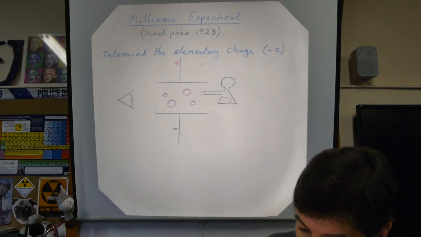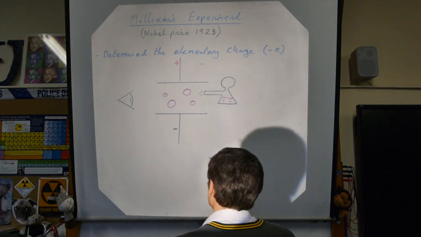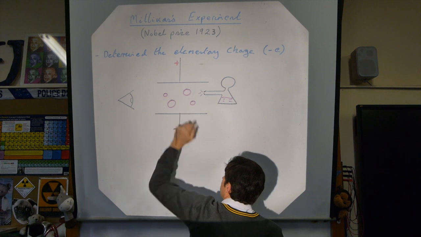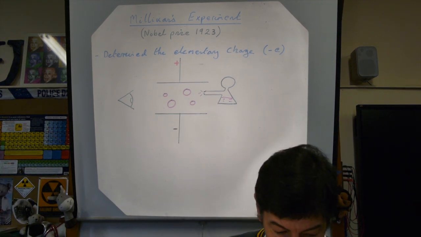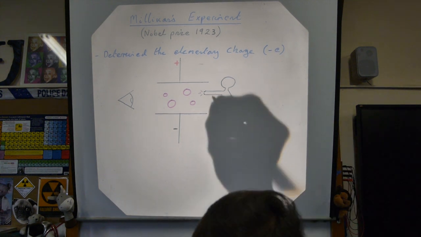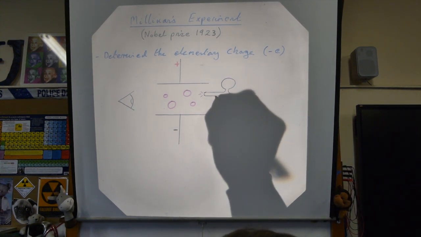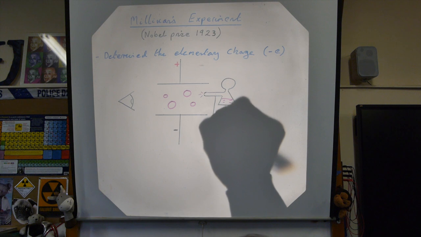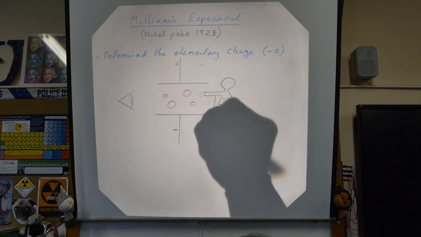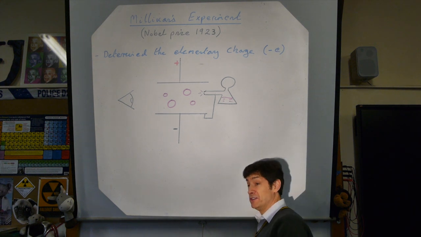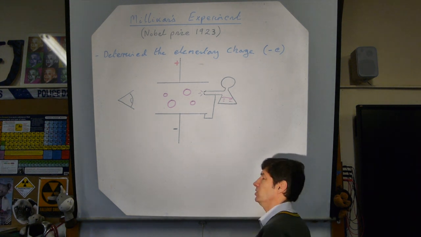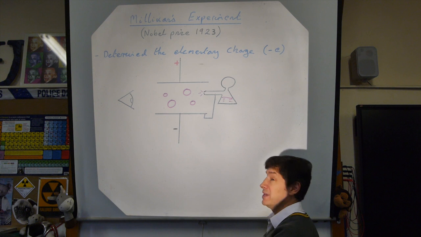Now, what he did was he charged up these drops, and let's say that we made the drops negative. Now, what I'm going to do is connect the metal nozzle of the sprayer to the negative plate. This is where physicists who really know this experiment well are going to go, what? That's not what he did. I know it's not what he did, but it keeps life simple.